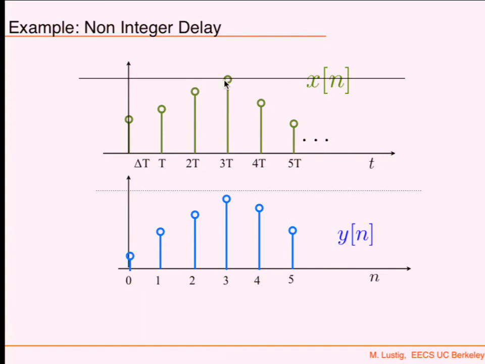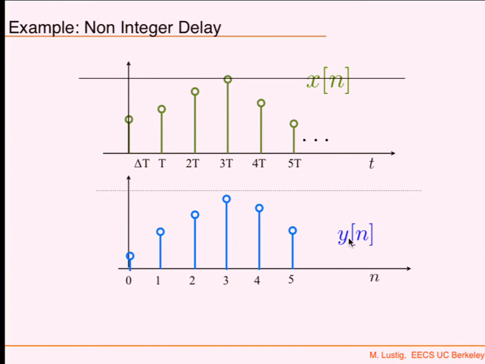Yeah. So those are the discrete points. Now what you'll see is that the output is going to look like that. That's what the output is going to look like. And the question is how do you get there?